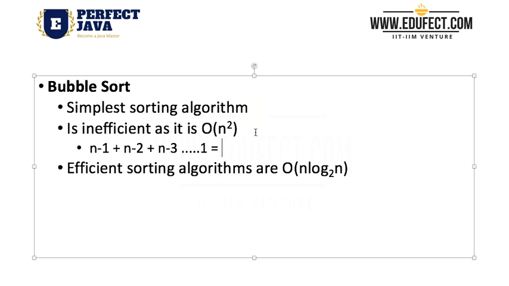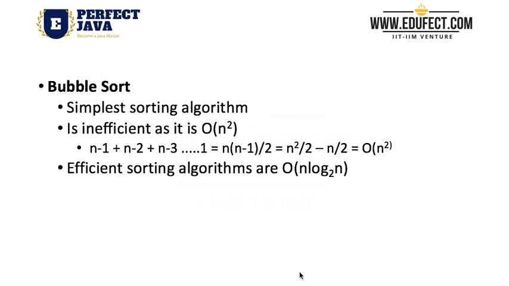So the sum of the first n minus 1 numbers will be n into n minus 1 by 2, which will be equal to n square by 2 minus n by 2. Now we know this will be equal to order n square. So which is why bubble sort is an order n square algorithm, and efficient sorting algorithms are order n log n. Okay.